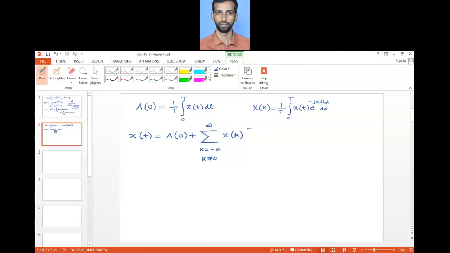This e to the power j k omega naught t we can simply represent as cos k omega naught t plus j sin k omega naught t. Remember that we have already excluded k equal to 0, because k equal to 0 is represented in a0 only.